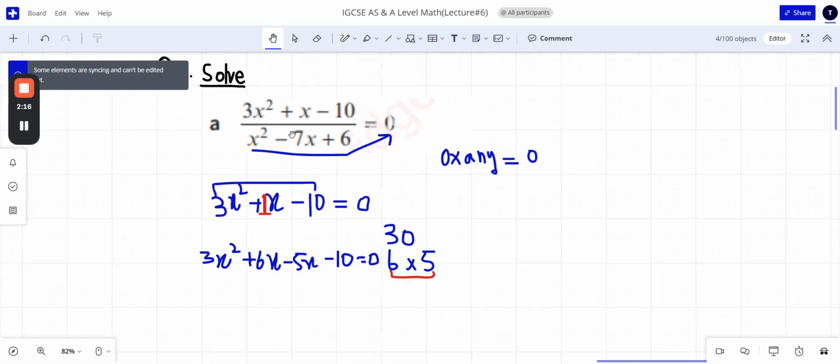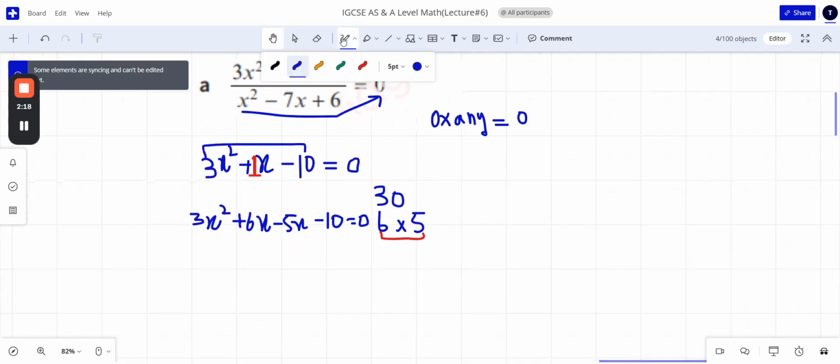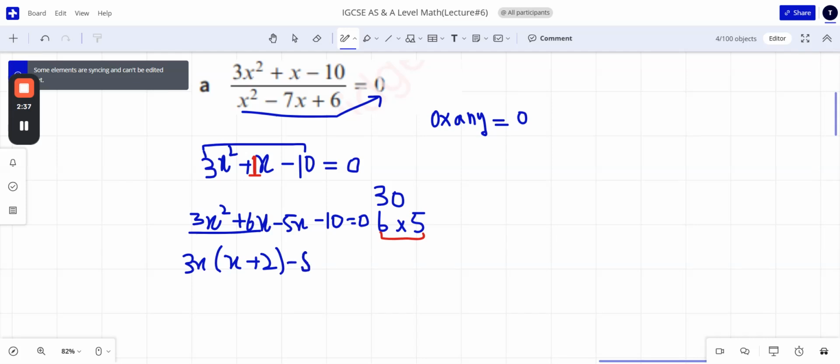Now we need to take the common factor. What is common in the first two terms? 3x is common. Now, in the first term, only x is left. In the second term, 2 is left because 3 times 2 is 6. Then in the second pair, minus is common, and 5 is also common because we can count 10 from the 5 times table.